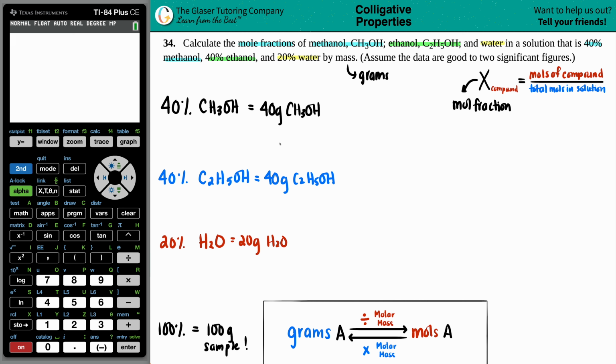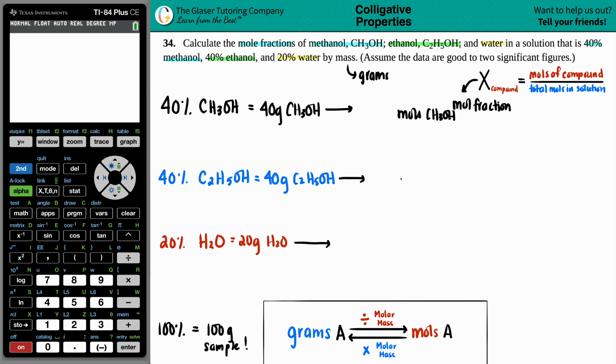Now we have grams. We still need to get to moles. But that's back to basics, right? Way in the beginning of chemistry. If we want to convert from grams of a substance to moles of a substance, all we have to do is take the grams and divide by its molar mass. So let's maybe do some arrows here and say that we want to go from grams of CH3OH to moles of CH3OH.